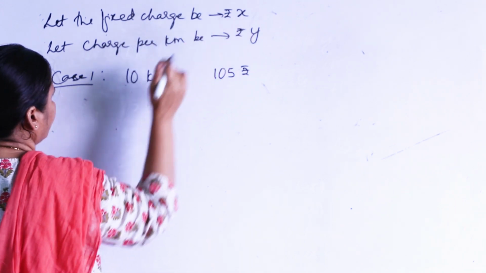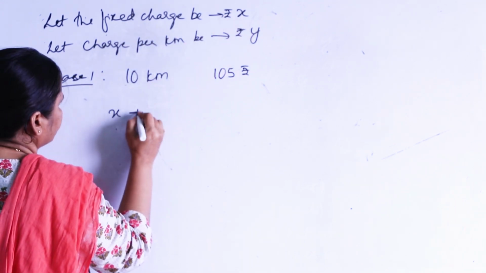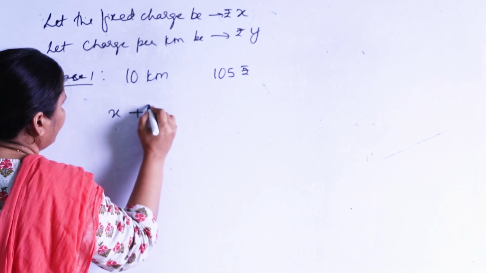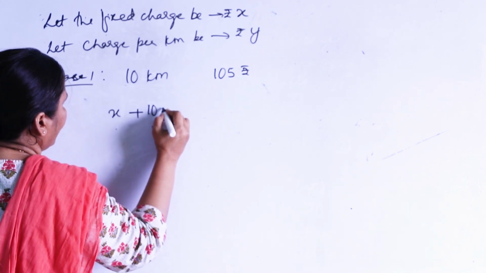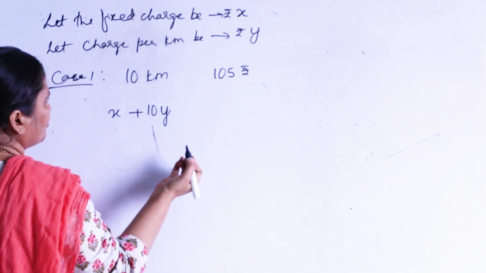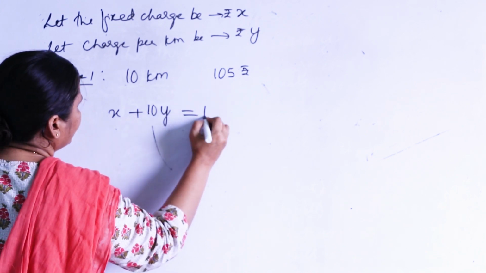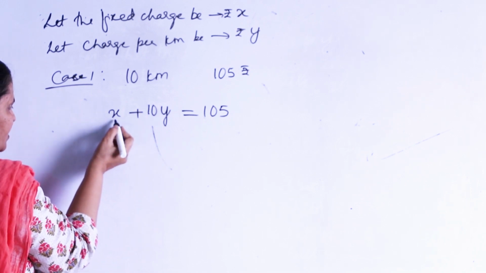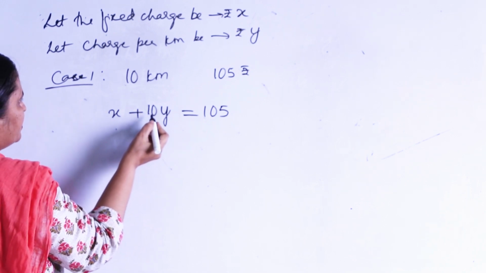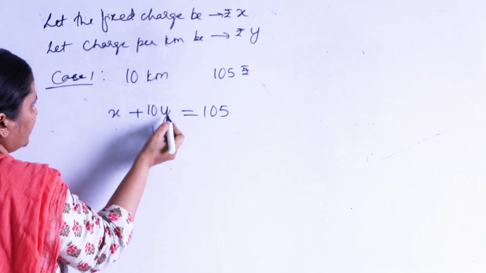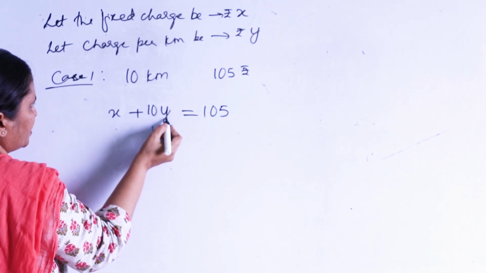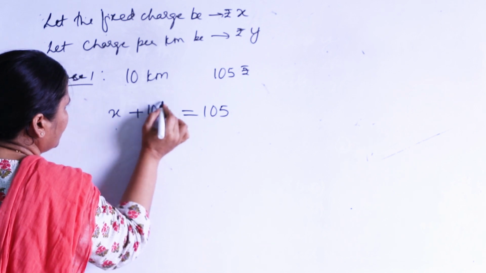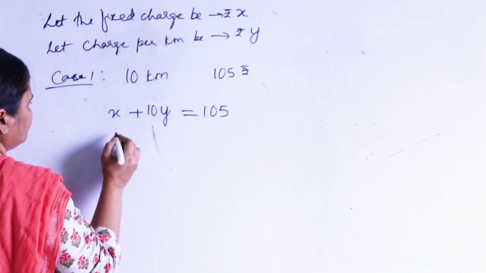We know the fixed charge is X. How many kilometers traveled? 10 kilometers at the rate of Y rupees per kilometer, and that gives us 105. You understood? Fixed charge plus 10 kilometers at the rate of Y rupees per kilometer means 10Y. This is the total variable charge he has paid.